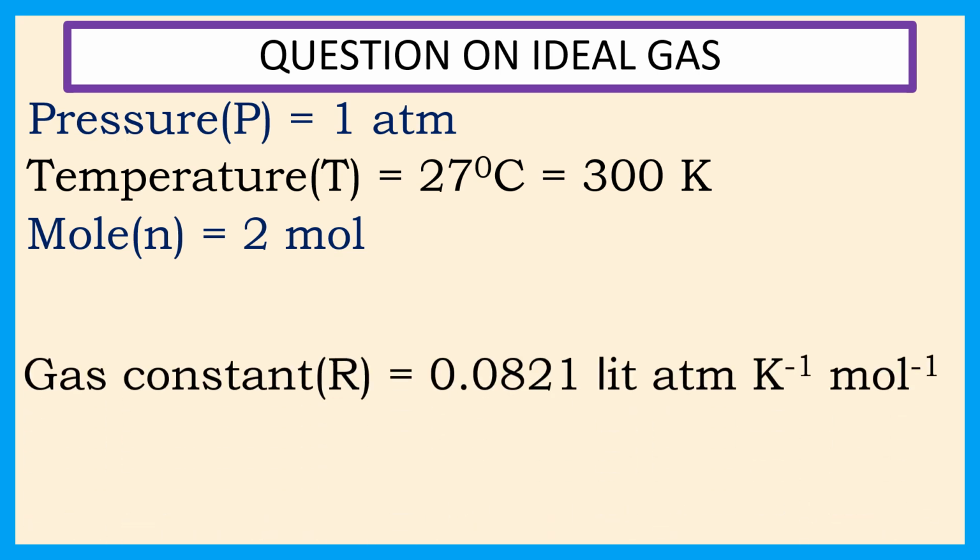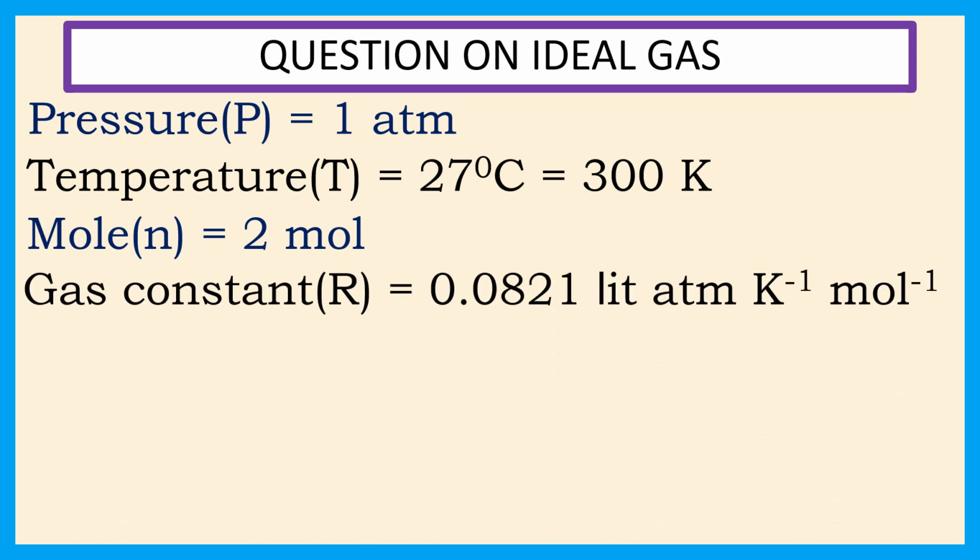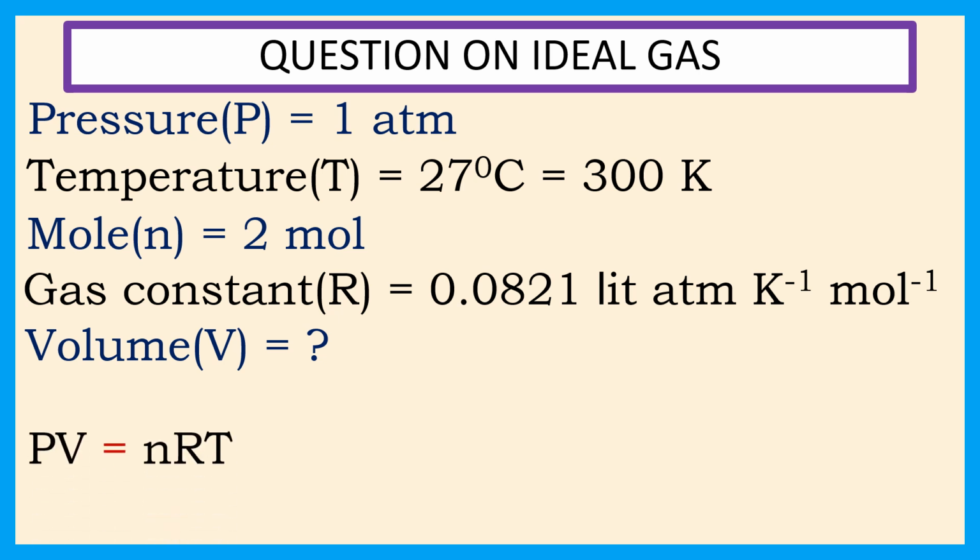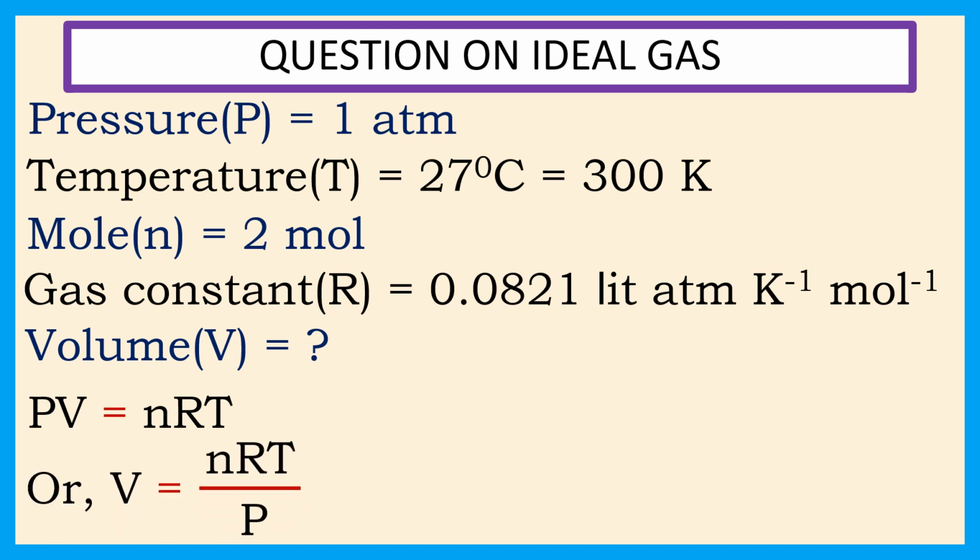We know that gas constant R is equal to 0.0821 liter atmosphere K inverse mole inverse. Volume V to be determined. We know that PV is equal to nRT, or V is equal to nRT by P.